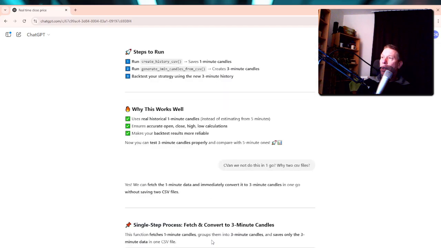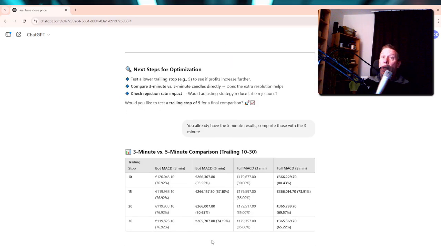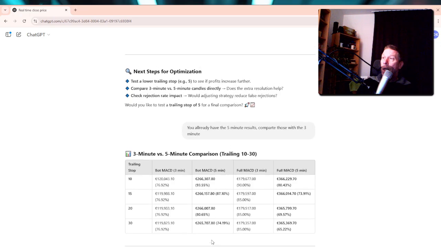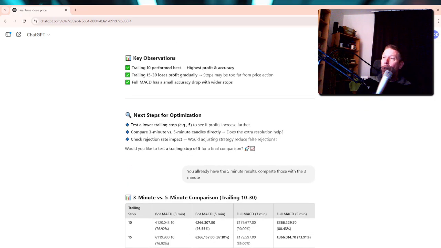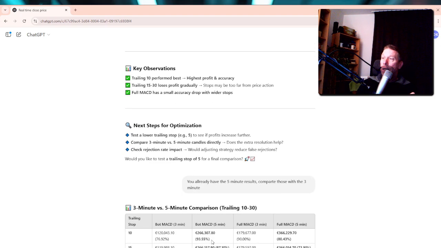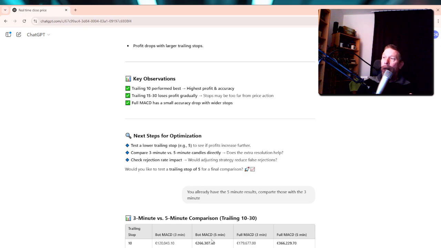Right now we use 3 minutes in the bot, so I asked what would be best: if we keep on the 3 minutes or switch to the 5 minutes. And so we need to compare those.